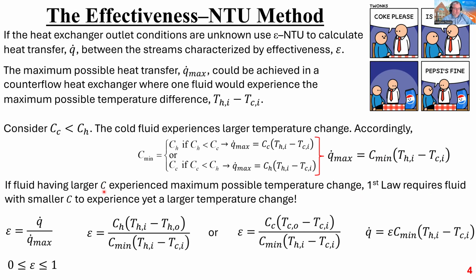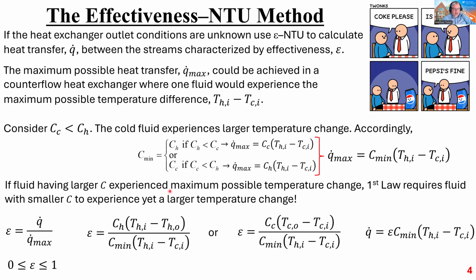Because if C is big for the fluid that we're talking about in the first part of the sentence, and C is small for the fluid in the second part of the sentence, they're trading the same amount of heat, right? And so this smaller C fluid actually has to experience a bigger temperature change in order for the other fluid to give up its heat.